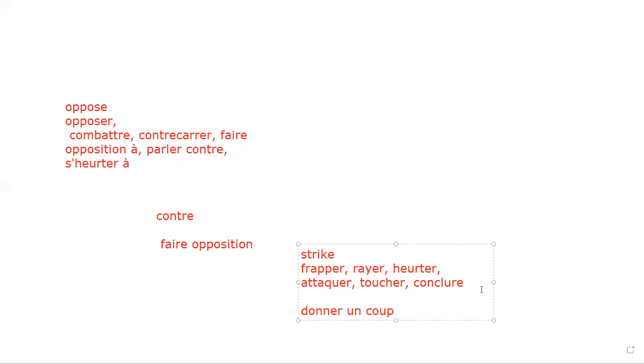Pen down, please. Donner un coup is literally to kick out. To kick out. If I say you have to kick out the situation of pollution. So how to use this? Donner un coup. Kick. Is it clear to you, team?